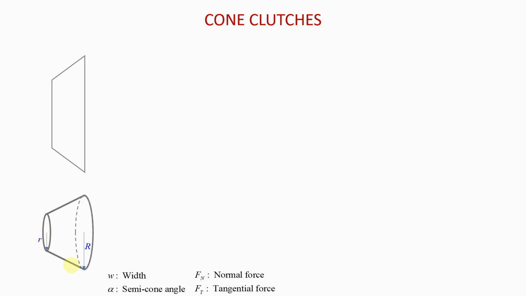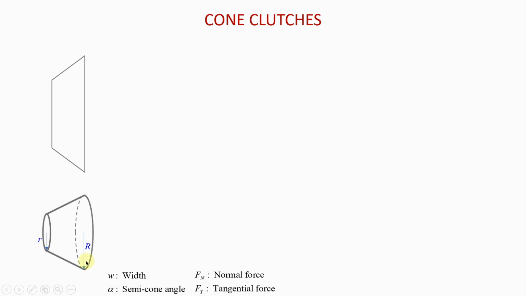If you look at this, it looks like a truncated cone. This is a cone that has been cut. That's why it's called a cone clutch or a conical clutch. This is a simplified view of what it looks like, but in 2D it will look something like that.